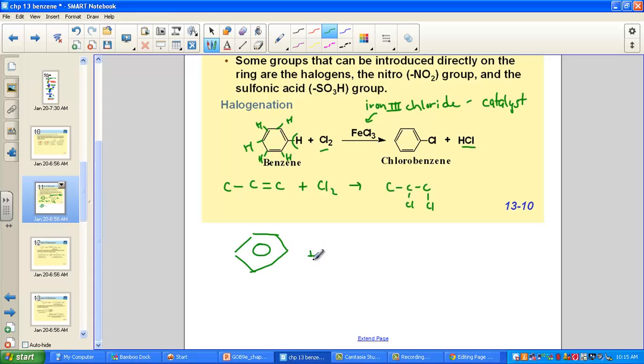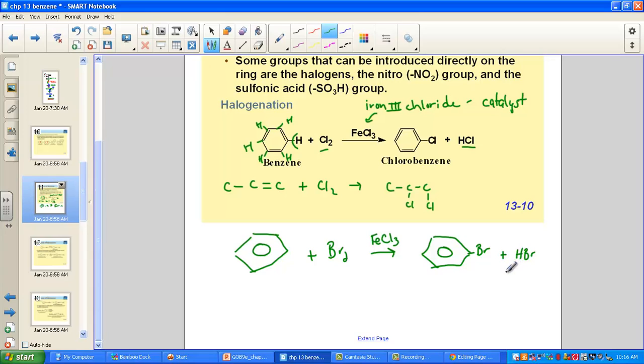Very similarly, we could take our benzene and attach, let's say, bromine. Again, without the catalyst, no reaction. But in the presence of the catalyst, iron 3 chloride, we create a mono-substituted benzene, bromobenzene, giving us the second product, HBr, hydrogen bromide.